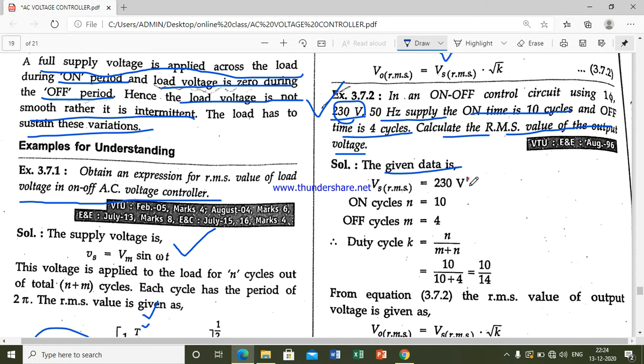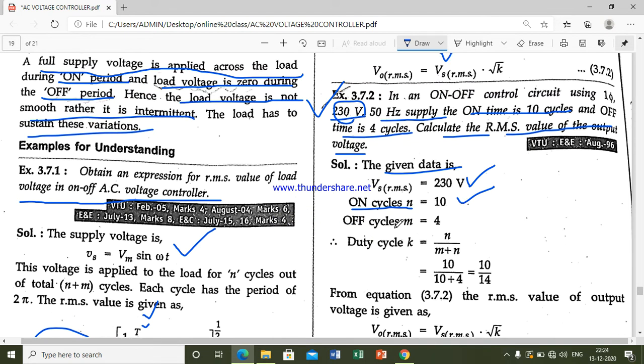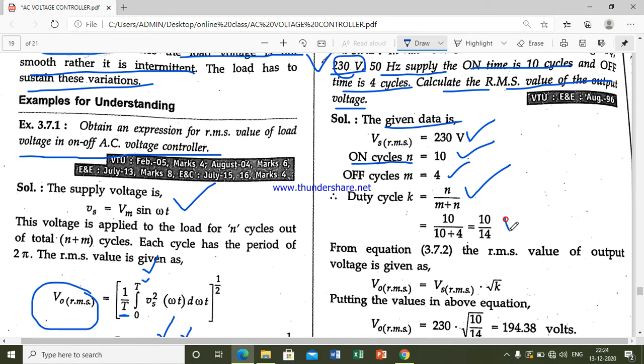Here I have written Vs equal to 230 volt and it is on for n cycles, so you will get n equal to 10. Off cycle is m equal to 4, so you can write the duty cycle as k equal to n divided by n plus m. After simplifying this, you will get the duty cycle as 10 divided by 14.